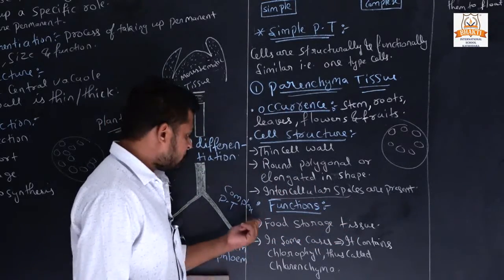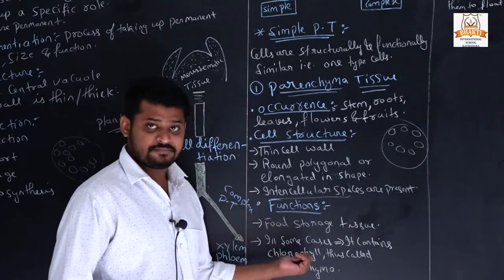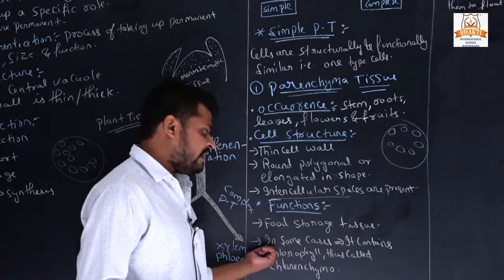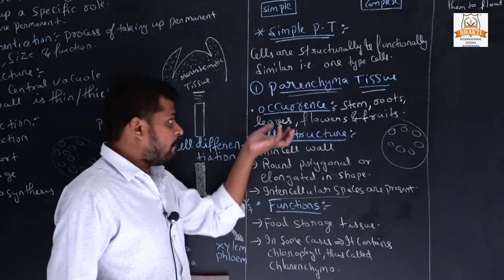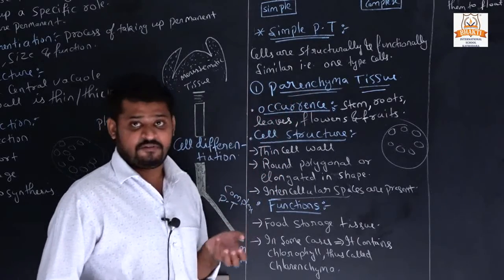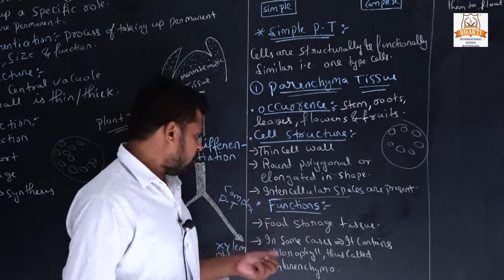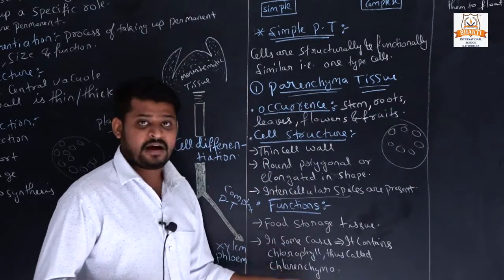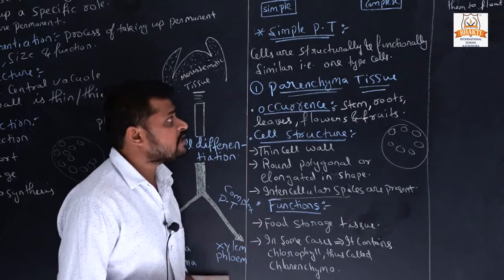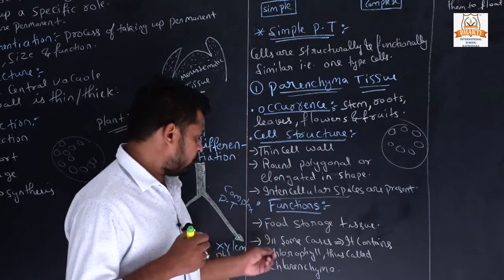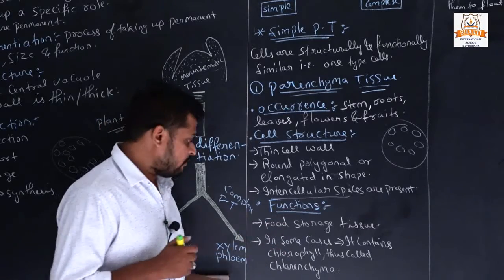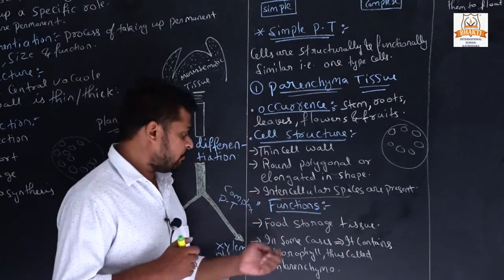In some cases, the parenchyma tissue performing the function has two types: chlorenchyma and aerenchyma.